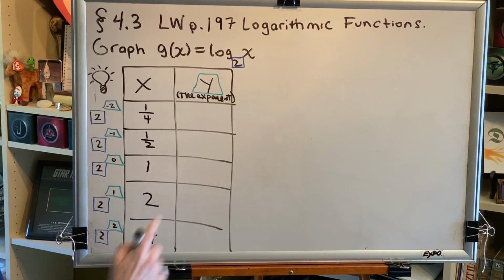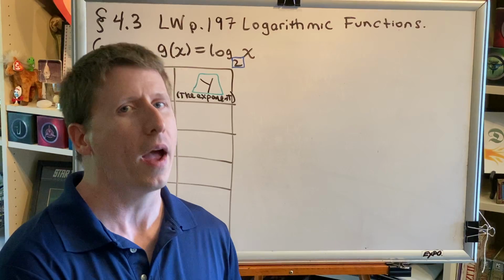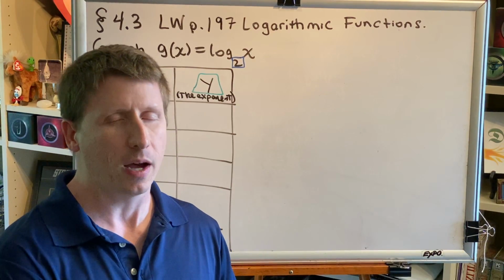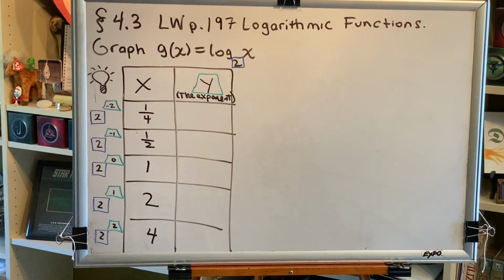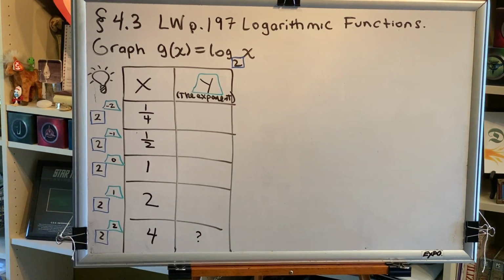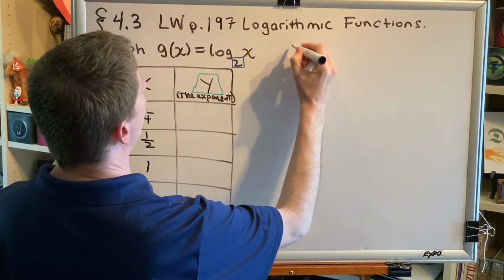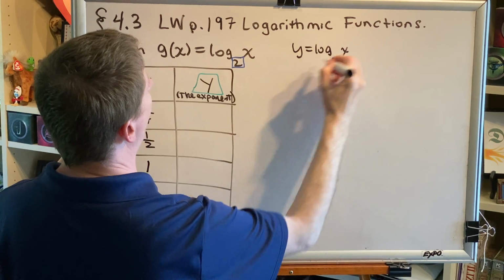We just need to plug them into our equation to find the corresponding y values. And you're going to see that even though I'm going to do it the long way for a couple of these, the shortcut makes this super easy to understand. For example, let's try this one right down here. What if I wanted to find out what the y value is for x of 4? Well, just plug in. We have our equation, y equals log base 2 of x.